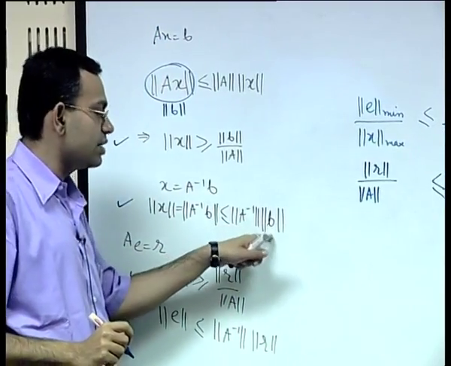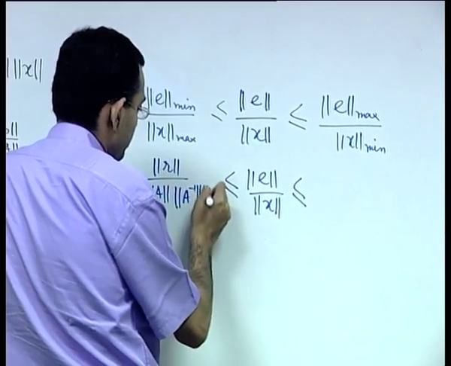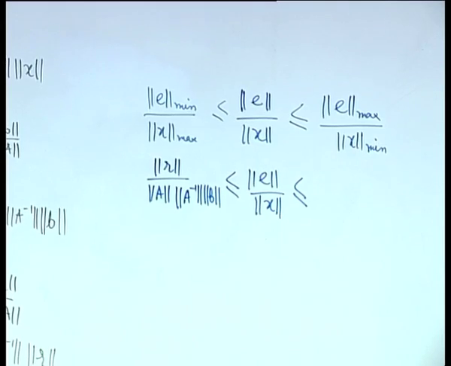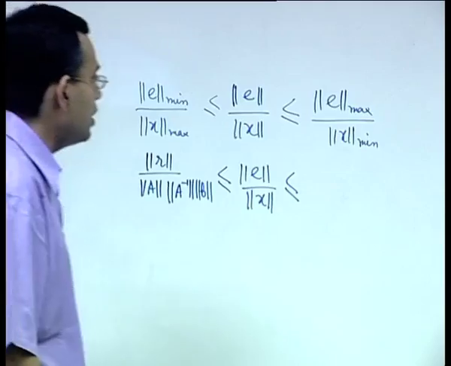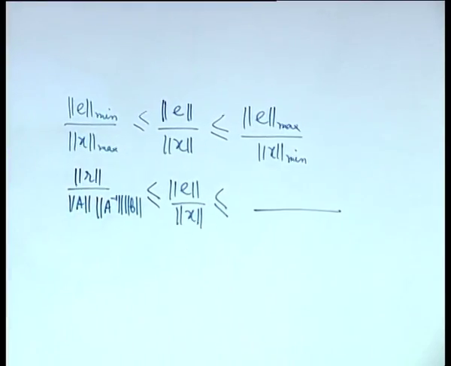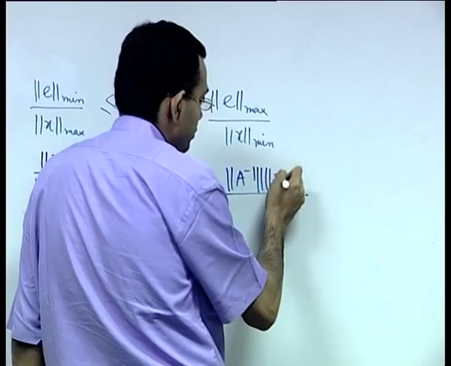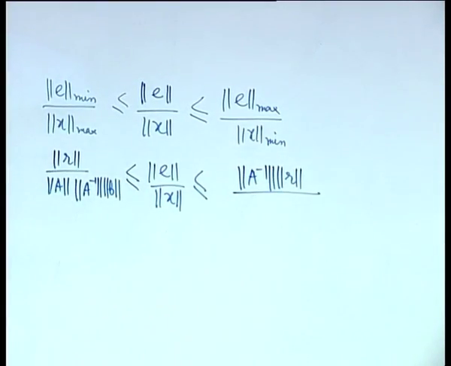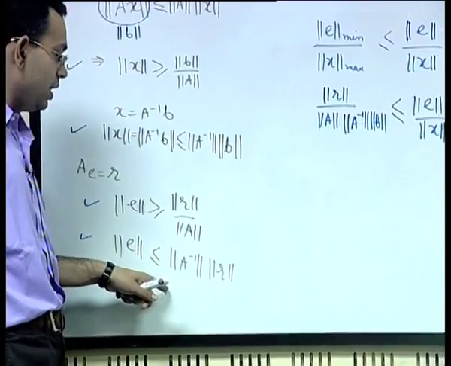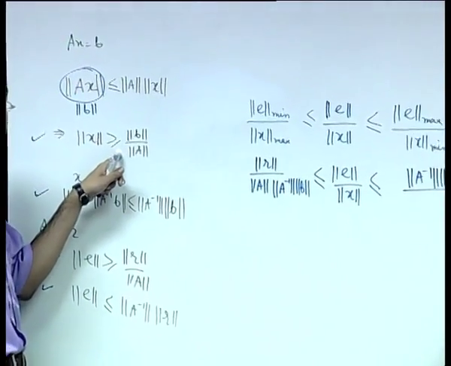Norm of A inverse into norm of B. Then let us go to the other side of the inequality. Norm of E max is norm of A inverse into norm of R, divided by norm of x min. So, what is norm of x minimum? Norm of B by norm of A.